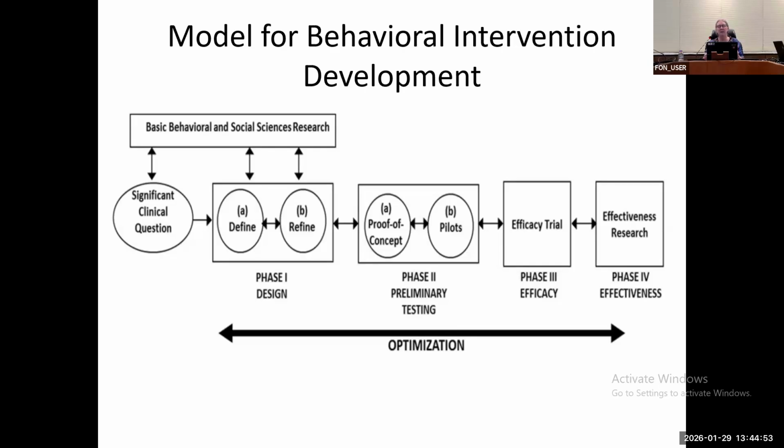So once we do this phase 2 preliminary testing, then we move to phase 3, which is a randomized clinical trial. Okay, and let me back up a little bit with the pilot.